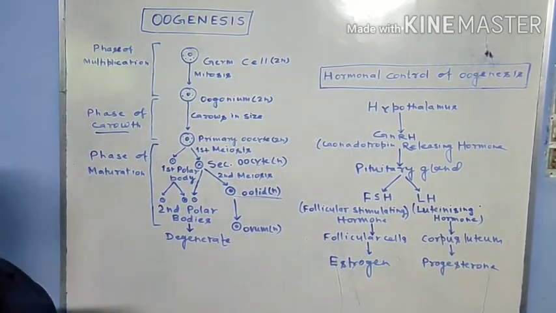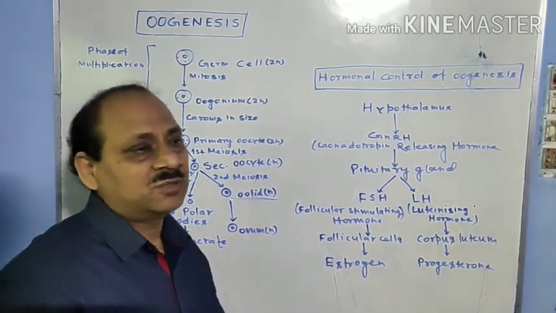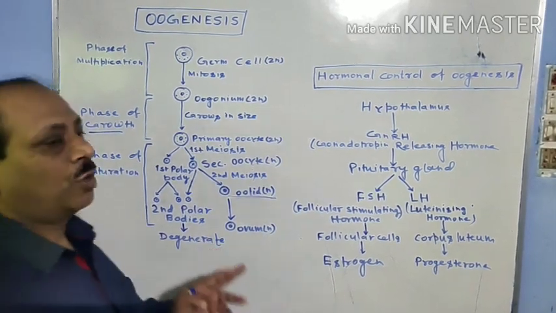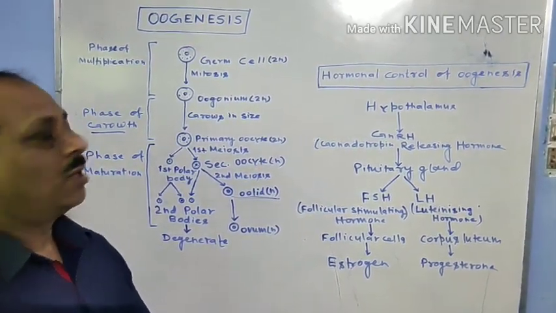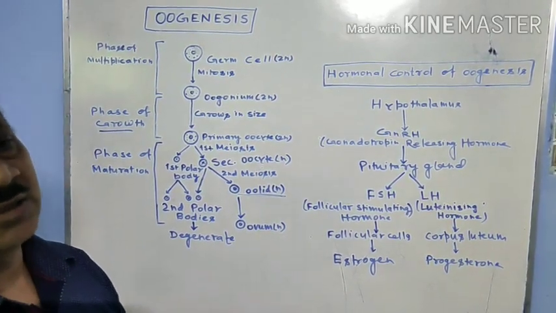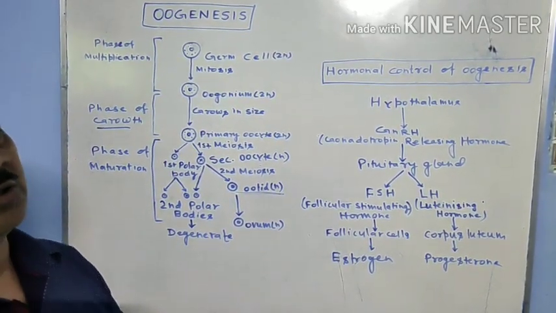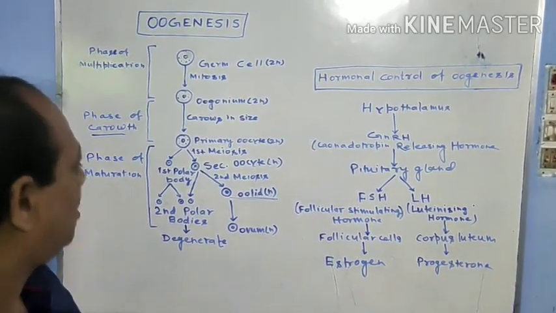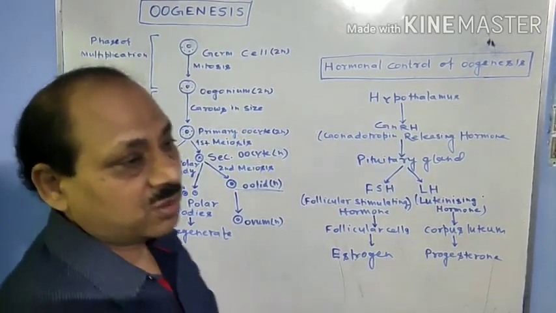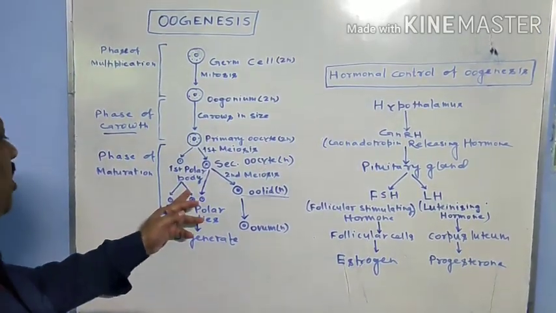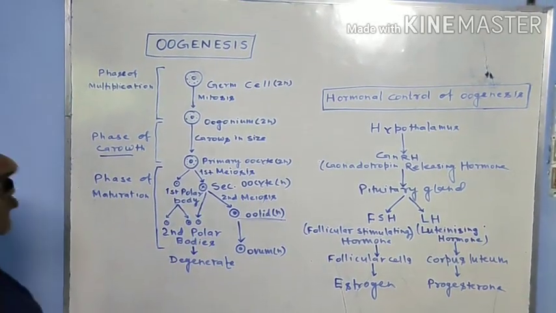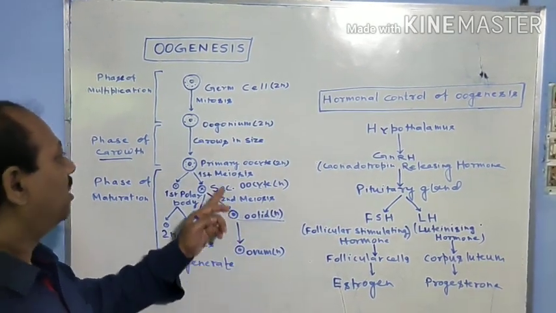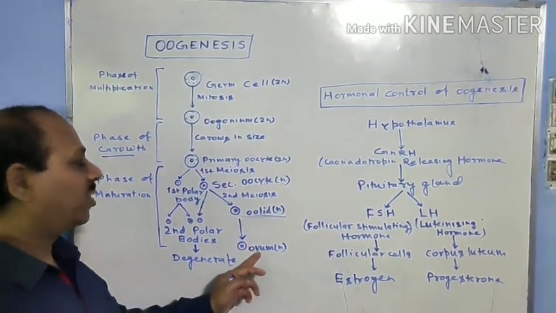Ovulation means the release of ovum from the ovary, and it occurs 14 days after the starting of menstrual flow. In human, the first polar body does not undergo second meiotic division, and one oogonium forms one ovum.